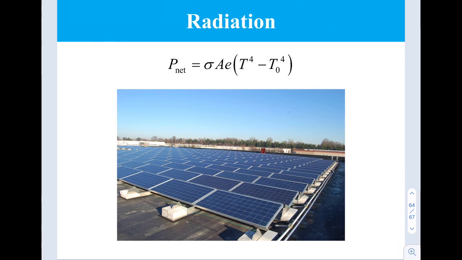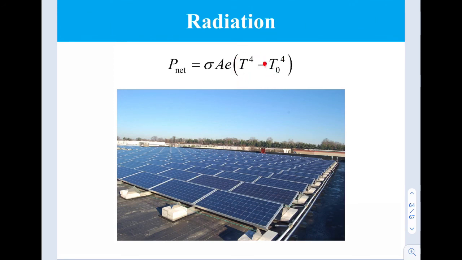If an object is at a temperature T and its surroundings are at an average temperature of T0, the net rate of energy gain or loss by the object as a result of radiation is P net equals sigma A E times T to the power 4 minus T0 to the power 4.